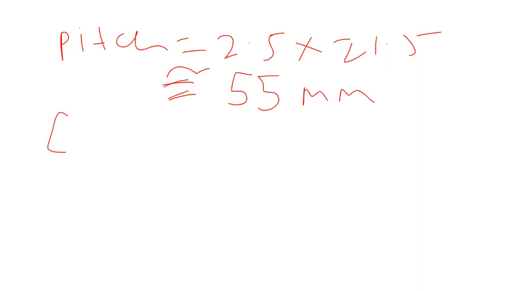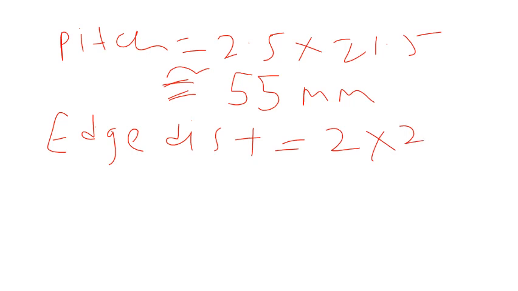Then the edge distance of the first rivet from the edge will be given by 2 into 21.5, so these are the general recommendations. This will come nearly equal to 45 mm. As we have this information, we are all set to draw the figure.